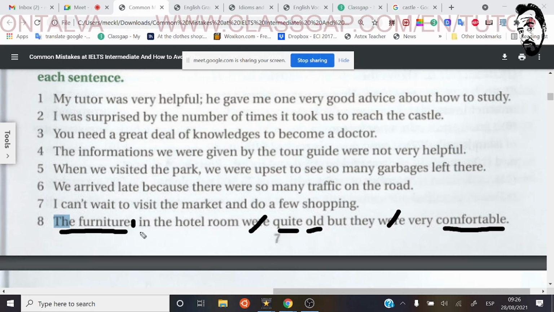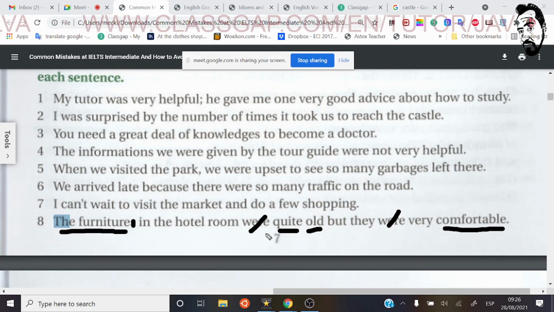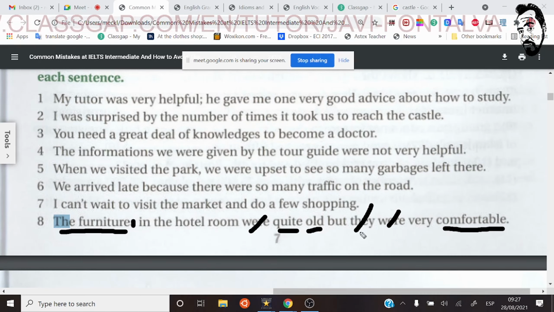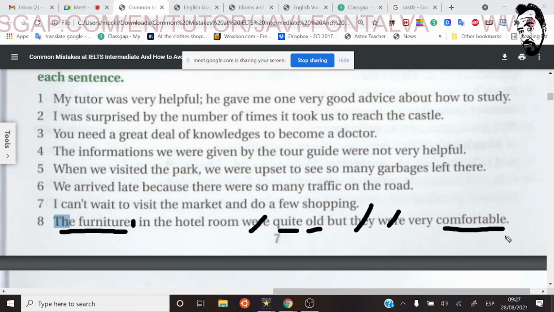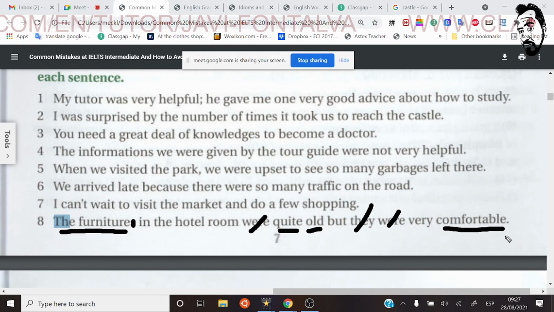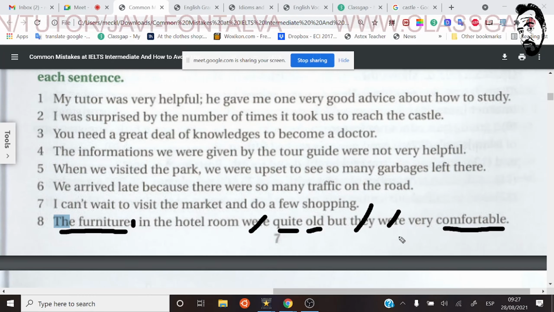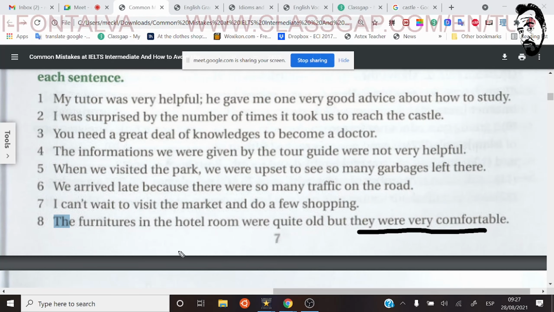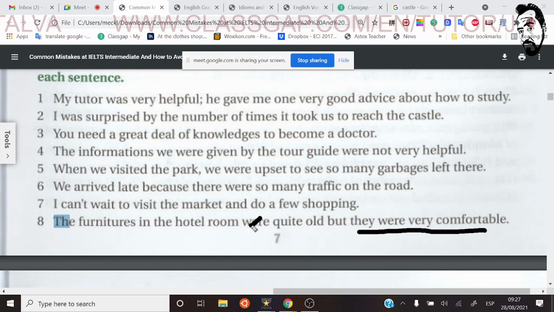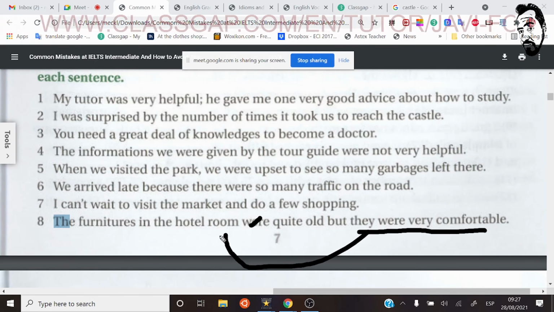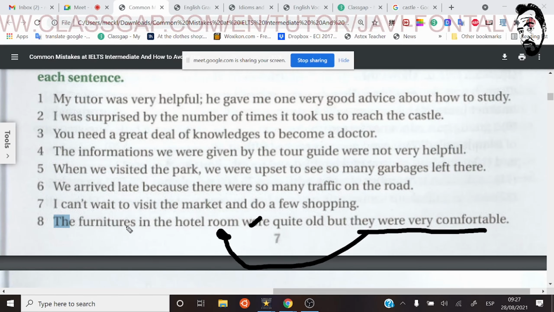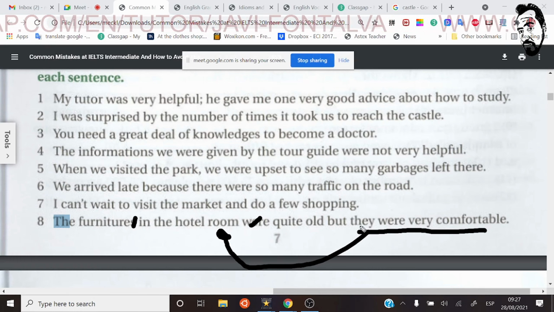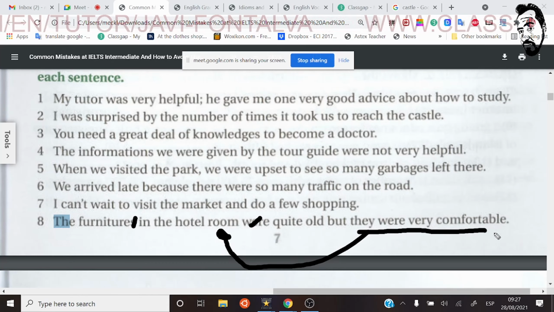So the furniture in the hotel room was quite old, but it was very comfortable. Sorry, wait a moment. Actually, here we talk about the room. So they means the room here. So no problem. The furniture in the hotel room was quite old, but they were very comfortable.